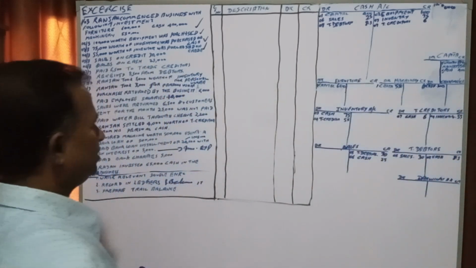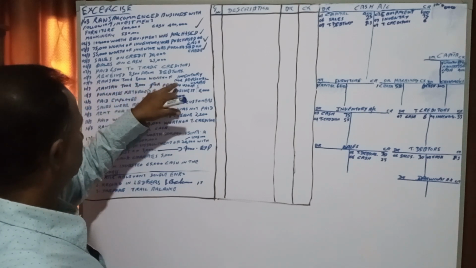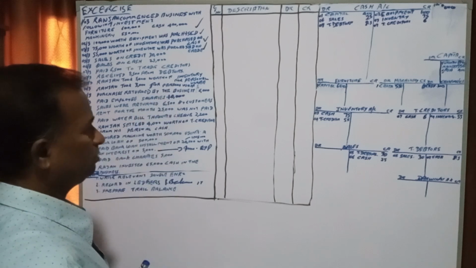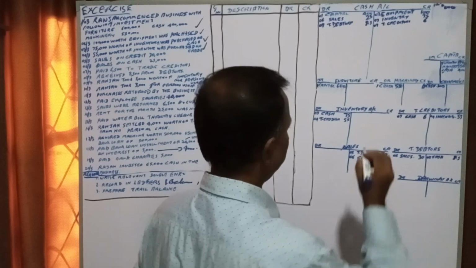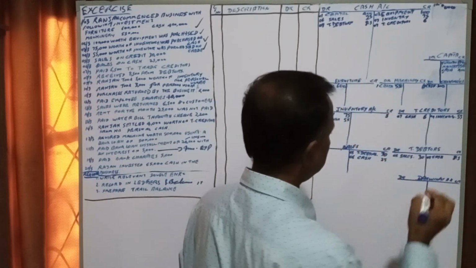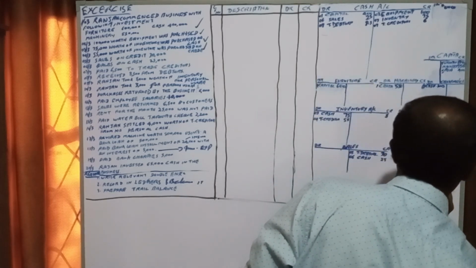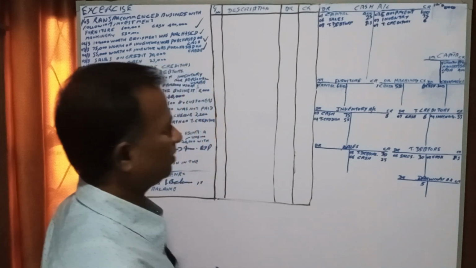What has taken place in the inventory? Ranjan took 5,000 worth of inventory for his personal use. Inventory account has to be credited with 5 and drawings account should be debited with 5. Why?